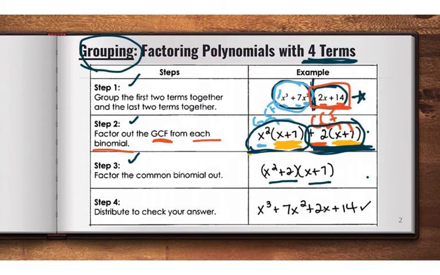And now I have factored by grouping. So I've taken my original x to the third plus 7x squared plus 2x plus 14, and I have factored it by grouping into x squared plus 2 in parentheses times x plus 7 in parentheses.